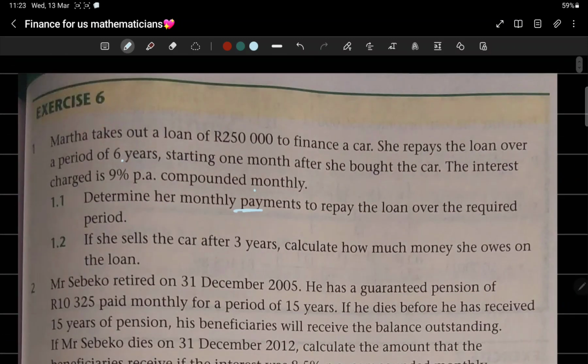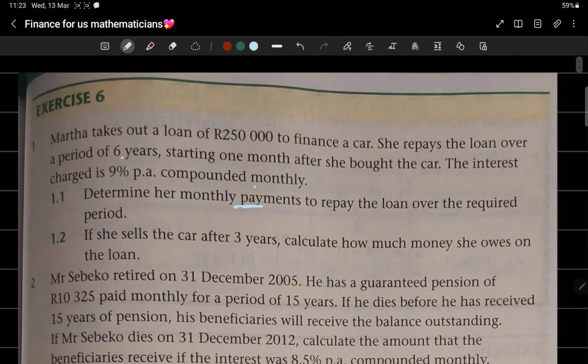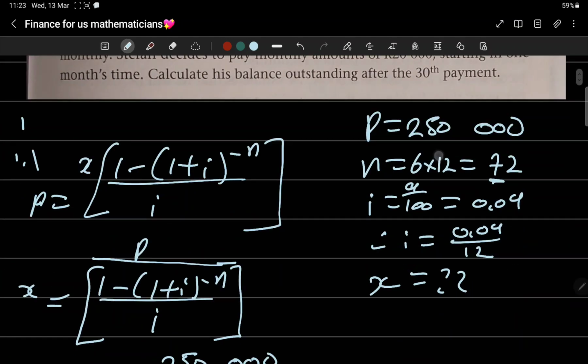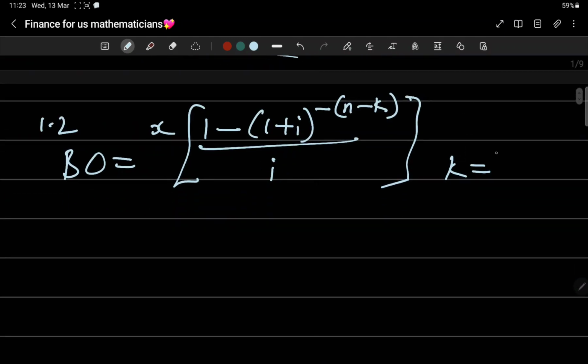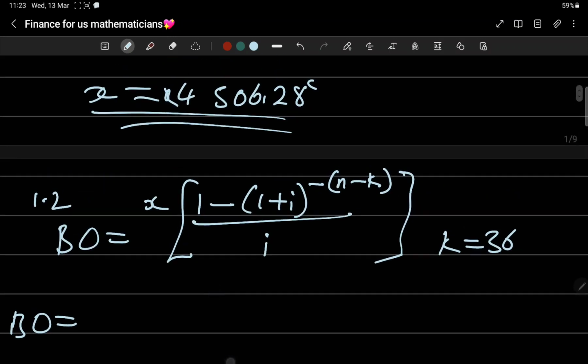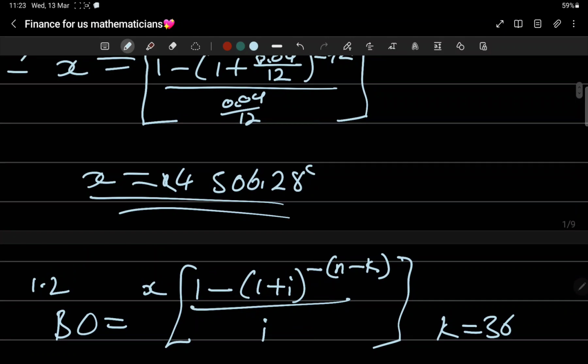So she sells her car after 3 years, which means she paid for the car for 3 years, and she paid monthly, so it's 3 times 12, 36. So she paid it for 36 months. Then n is still n, i is still i, x is the monthly payment which you calculated in 1.1.